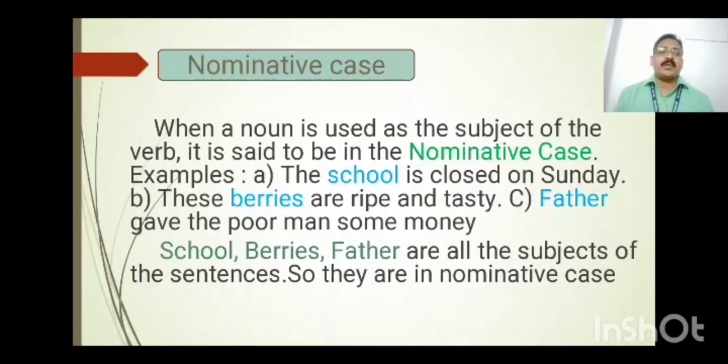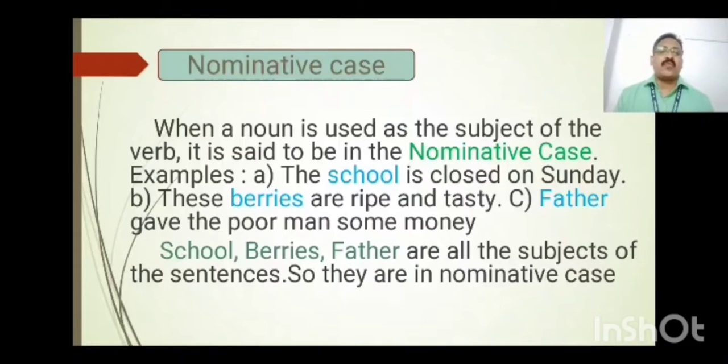Example B: These berries are ripe and tasty. In this sentence, berries I have colored blue to show you that it is the subject of the particular sentence. So berries is a noun in nominative case.